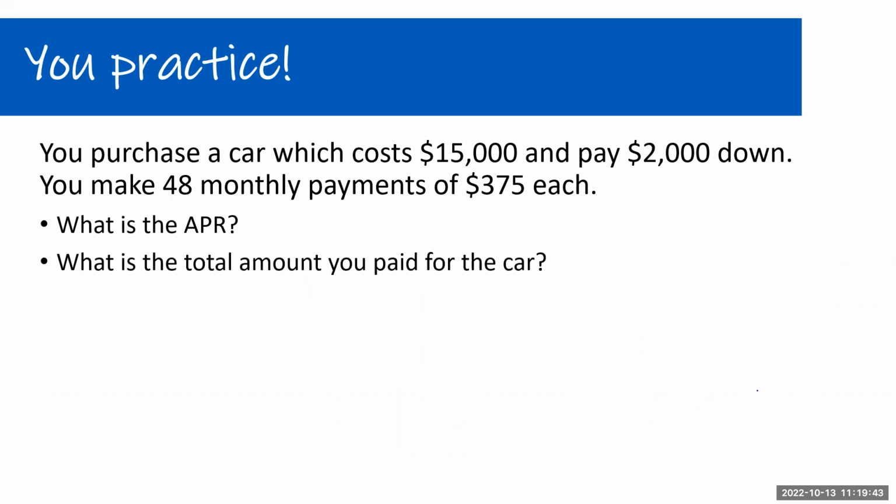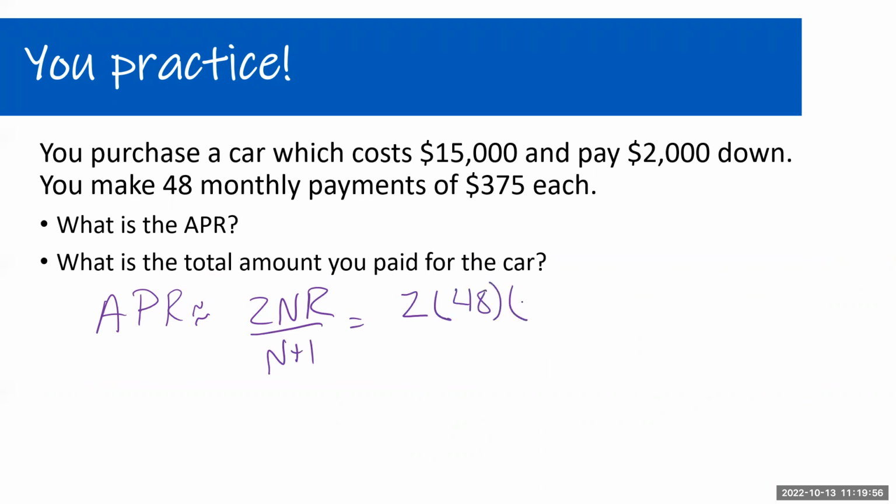Now, what is our APR? Remember that our APR is roughly 2 times N times R over N plus 1. So the number of payments that we're making is 48. And we just found that our interest rate is somewhere around 0.0962 over 49, because that's N plus 1.